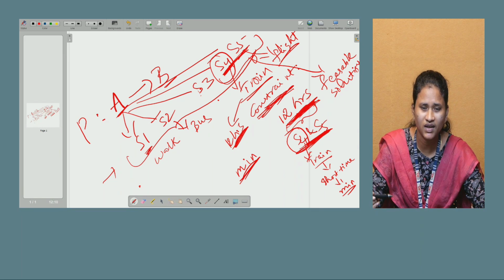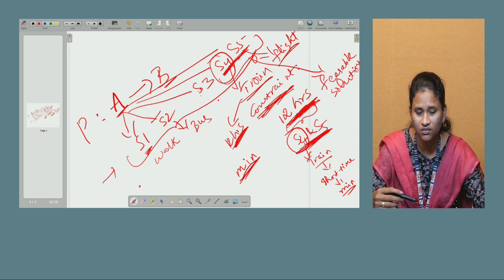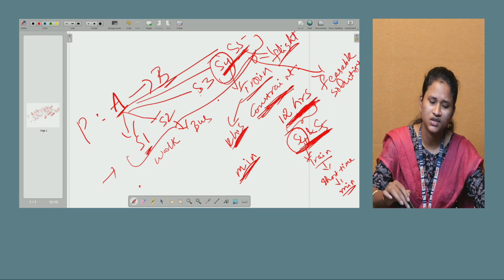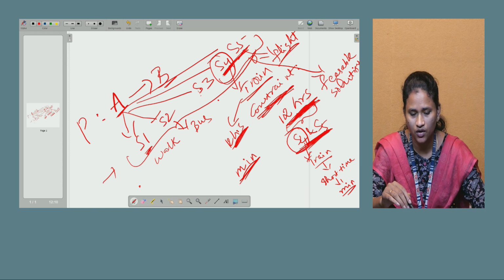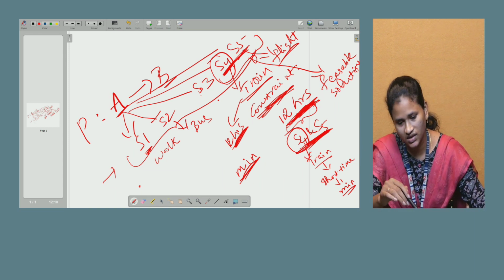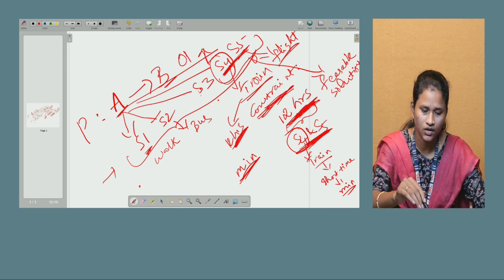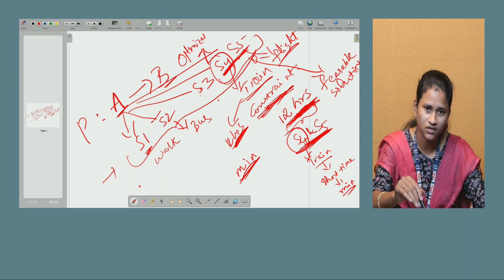We cannot take another best solution other than this one. Among all the available solutions we can say S4 is the best one, so this solution will be called the optimization solution.